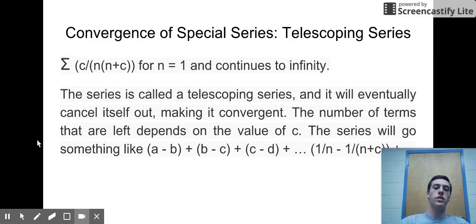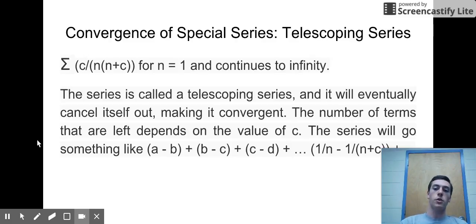So what you'll get is n plus c minus n, my bad, because when you multiply negative 1 times n, you get negative n. So when you break apart the denominators, you'll get 1 over n minus 1 over n plus c, because when you multiply them across, it cancels out to c over n squared plus nc.